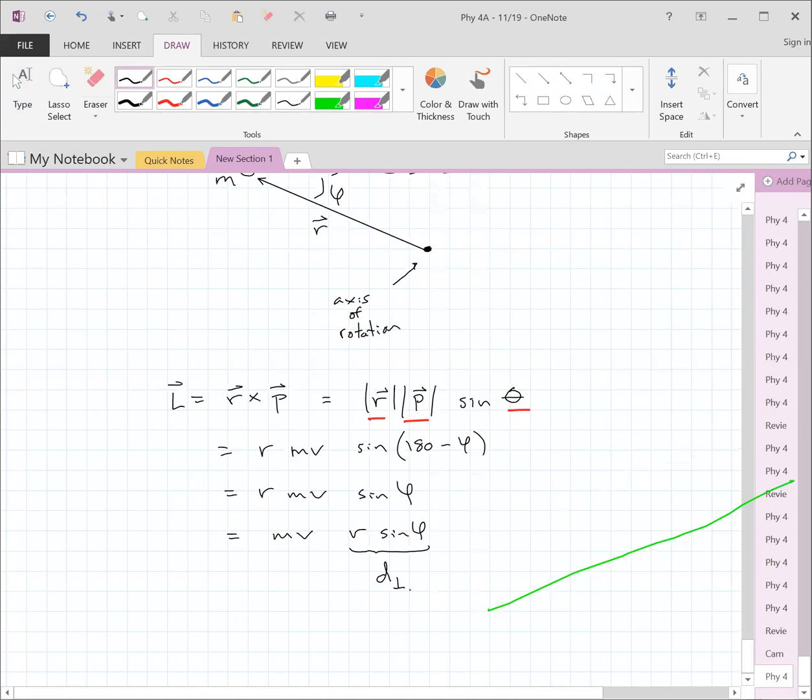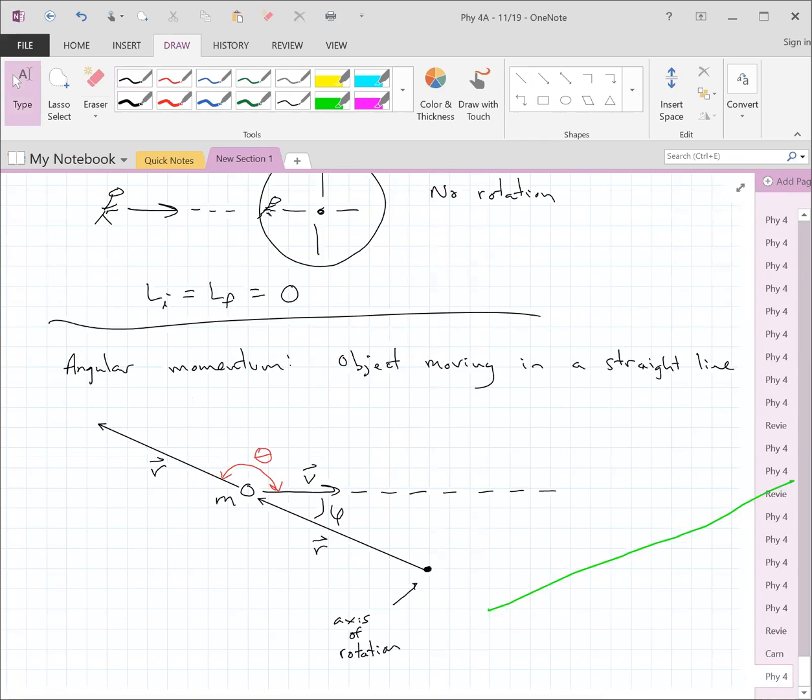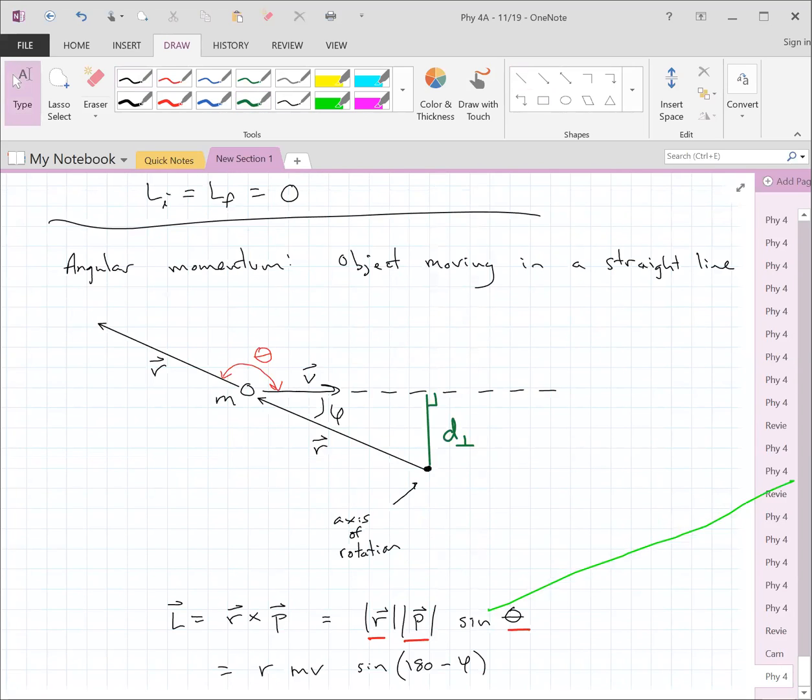I'm going to call it d perpendicular. I'll use green. The perpendicular distance from the line of the momentum, the line of the velocity, to the axis of rotation. You see that? R sine phi is just that distance there. That's the opposite side.